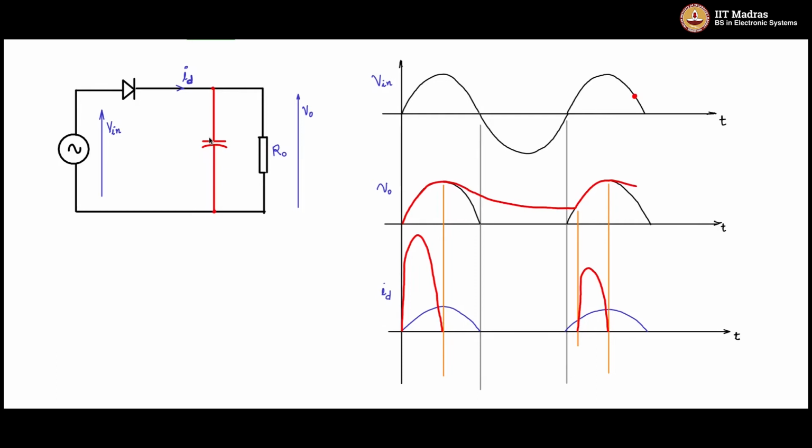The capacitance will always have an average zero current, and therefore the AC part will flow through the C. So we will mark this as IC, or the capacitance current, and mark this as I0 now in green. So an averaging effect of the unidirectional current flowing through the diode is what will be I0. So I0 is something like that.